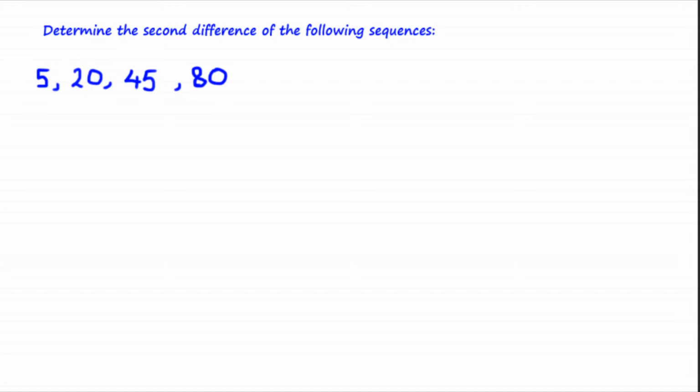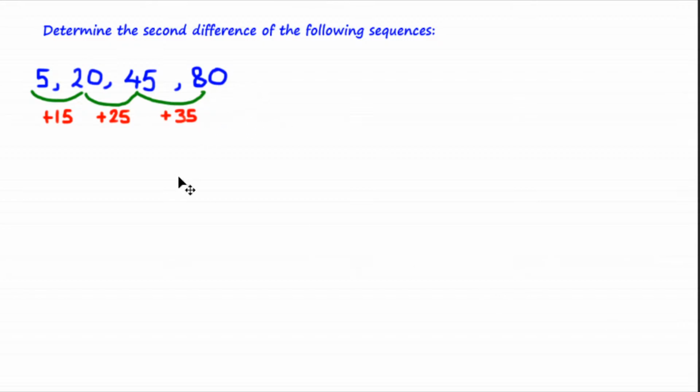Marcus asks what the second difference means. Well, we'll go through that now. The first difference is the difference you get by taking the difference between consecutive terms of the original sequence. Between 5 and 20 is a difference of 15. The difference between 20 and 45 is 25, and between 45 and 80 is 35. That's the first difference.